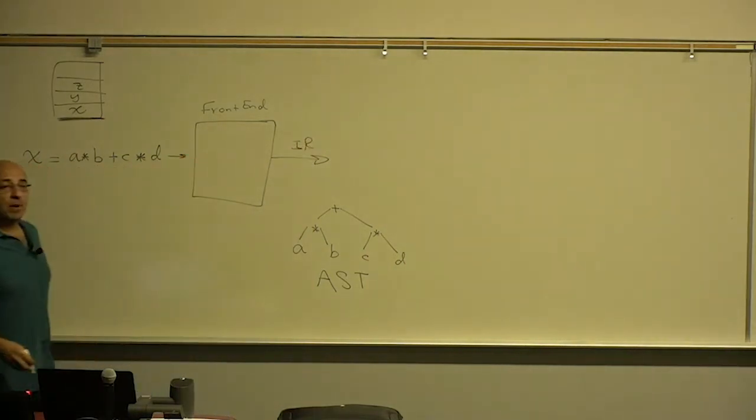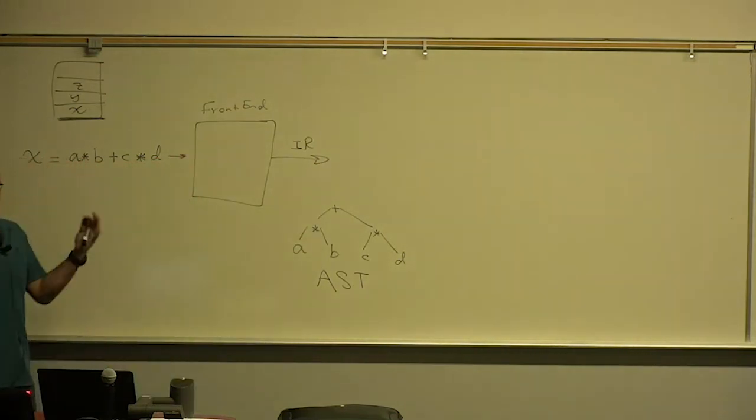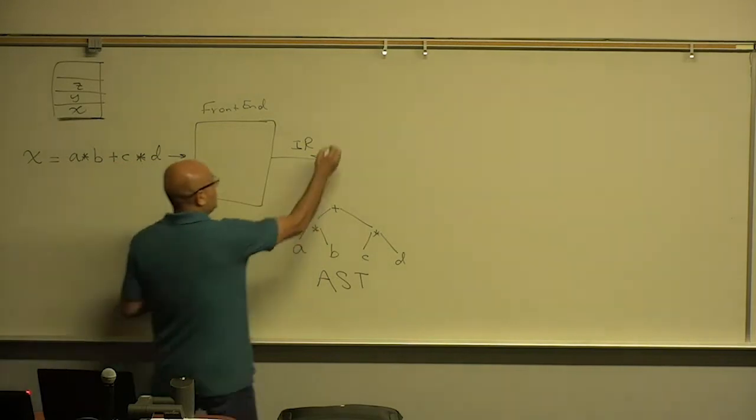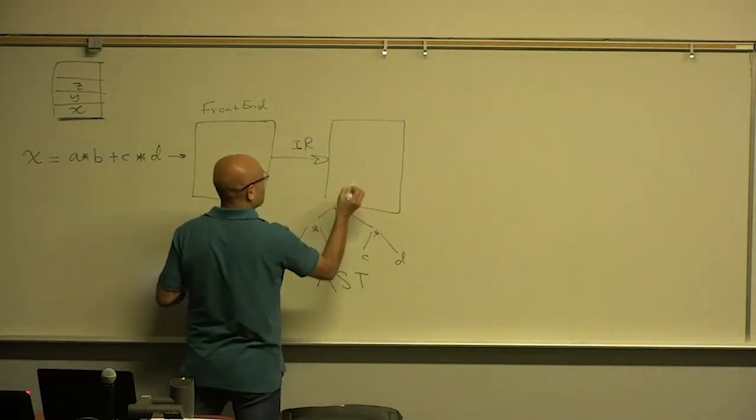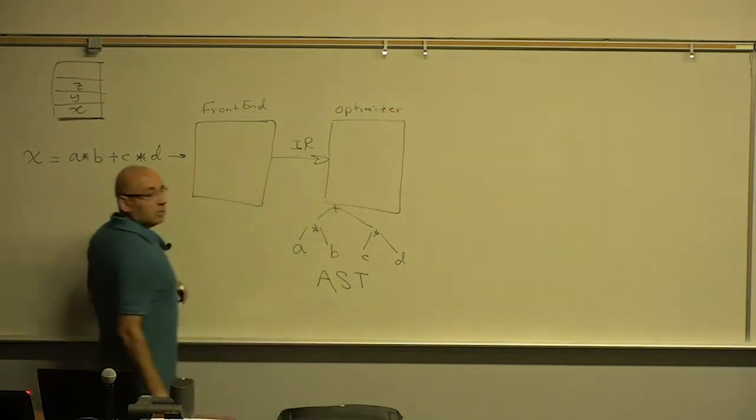A typical compiler will generate this intermediate representation, this hierarchical tree-like representation, and it will apply some optimizations to it. So there is the optimizer of the code.